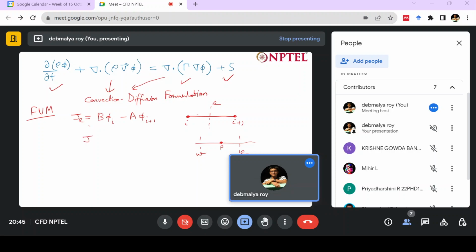Then you will actually have Je equal to Jw. If there is a source term, then you will have some addition, which will come from here. Or some boundary conditions, etc., may also arise. So this is basically the convection diffusion formulation, and you will have some formulations here as well.